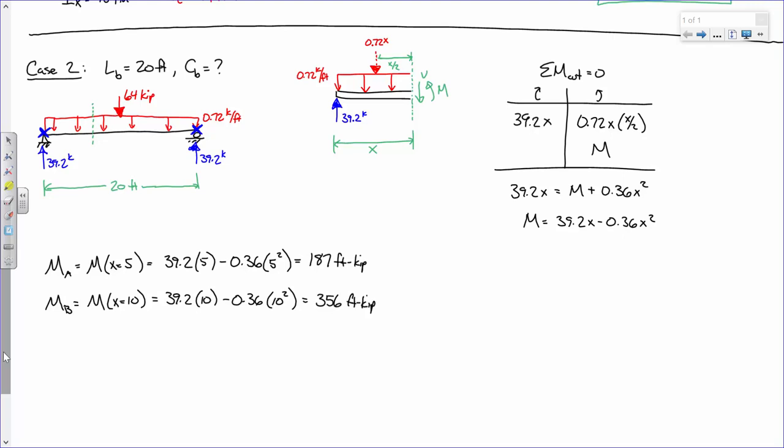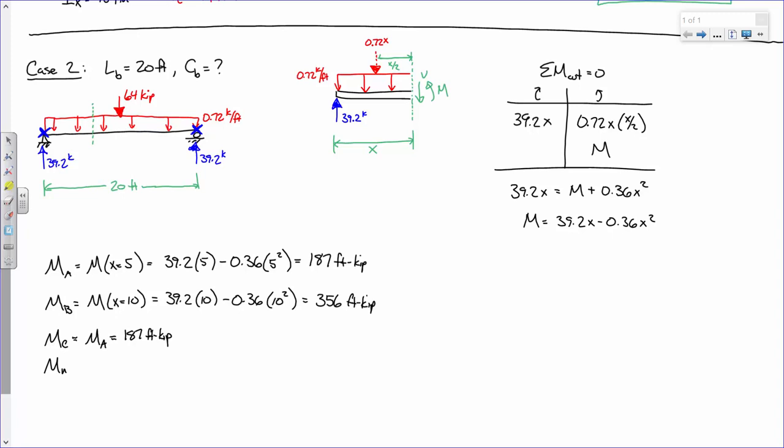In fact, for this beam the math's going to calm down a bit. What's MC? Isn't it the same as MA? Exactly, it's the same as MA. You don't plug in x equals 15, because this equation is only valid from x equals 0 to x equals 10. But you don't even need to do that anyway. The beam is symmetrical, so for this case MC equals MA equals 187 foot kips.